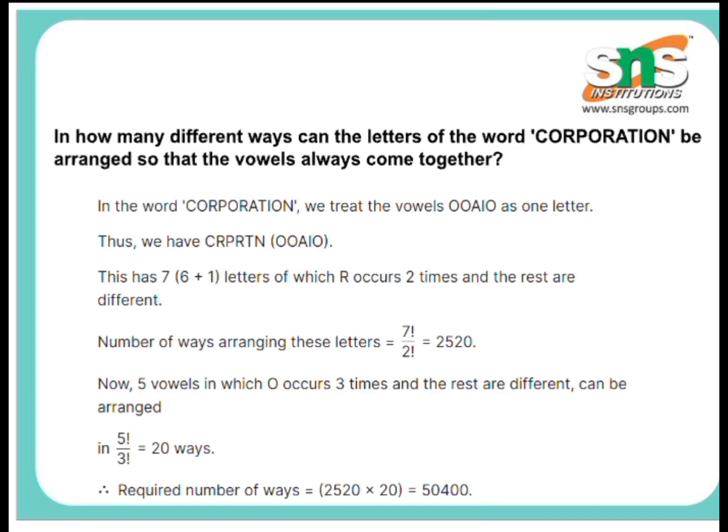So here we have 6 plus 1, 7 letters: 6 consonants and all the vowels taken together as 1. So the number of ways of arranging these letters will be 7 factorial by 2 factorial.